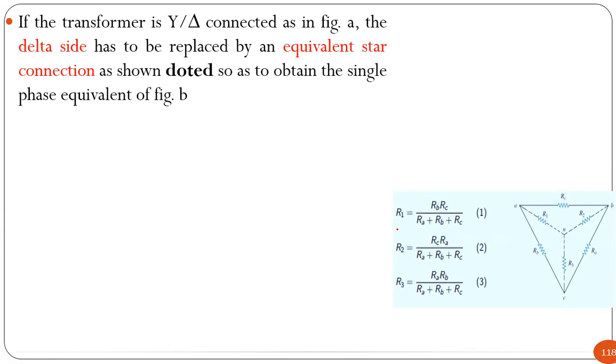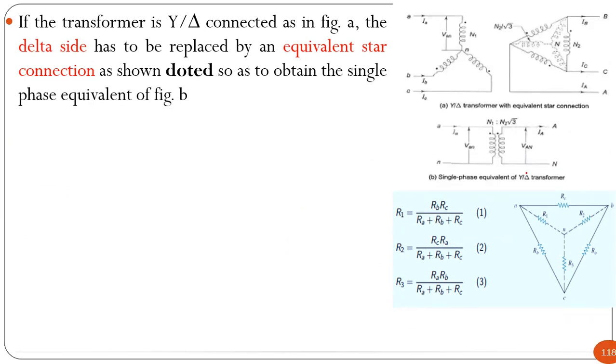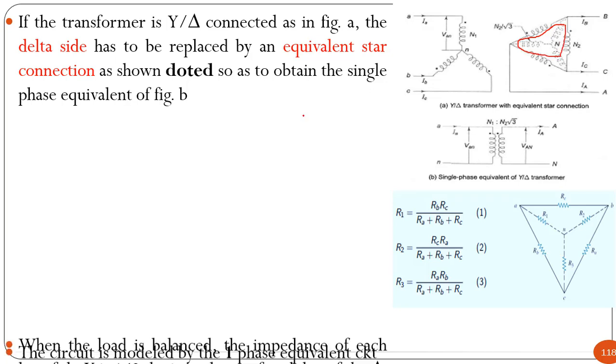If the transformer is star-delta connected, as indicated here, the delta is replaced by an equivalent star connection, shown dotted.